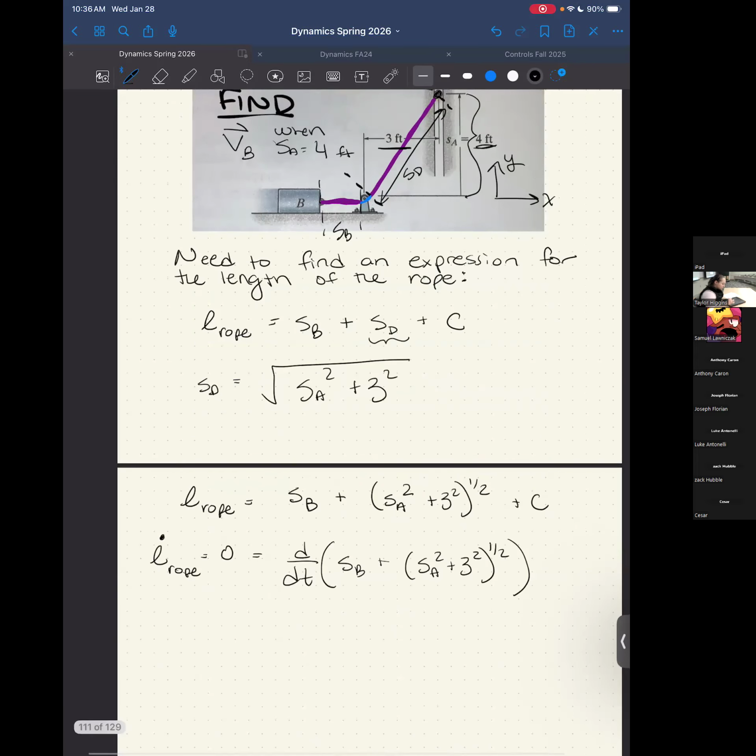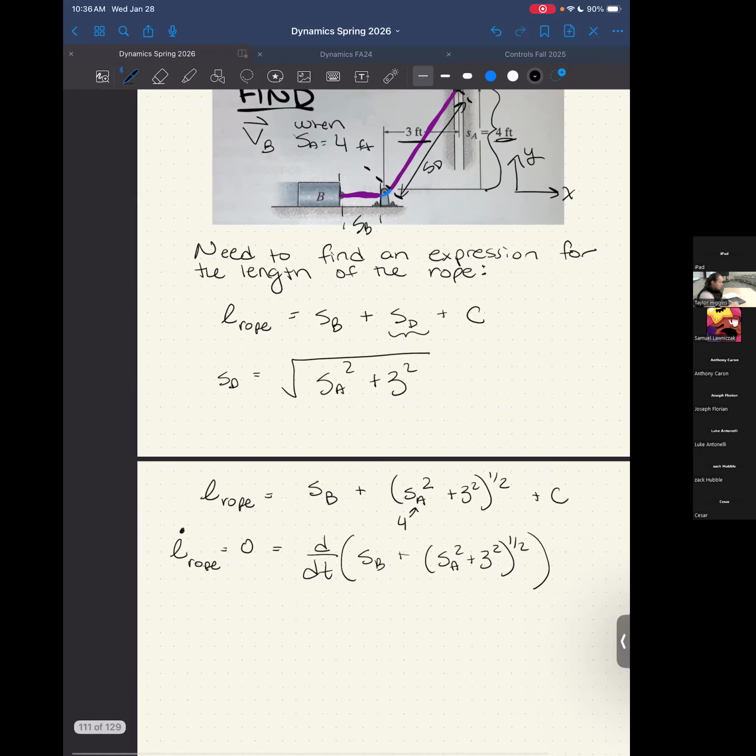So if I were to plug in here SA equals 4, and then try to take a time derivative of that, I'm going to say, oh, the time derivative of 4 is 0. But that's not true because SA changes in time. SA is a function of time. So when we take a time derivative, we have to account for the fact that it can change over time.